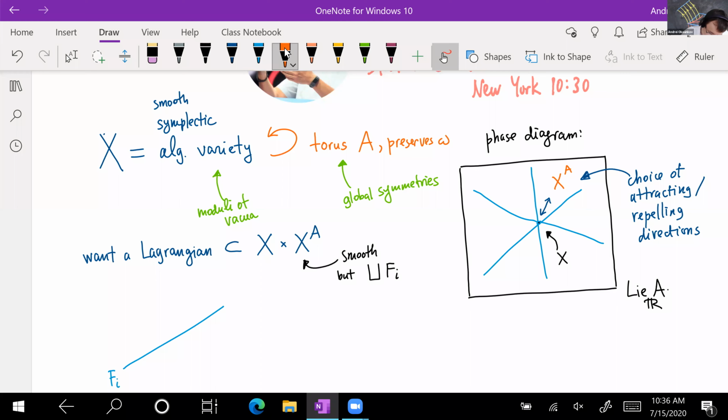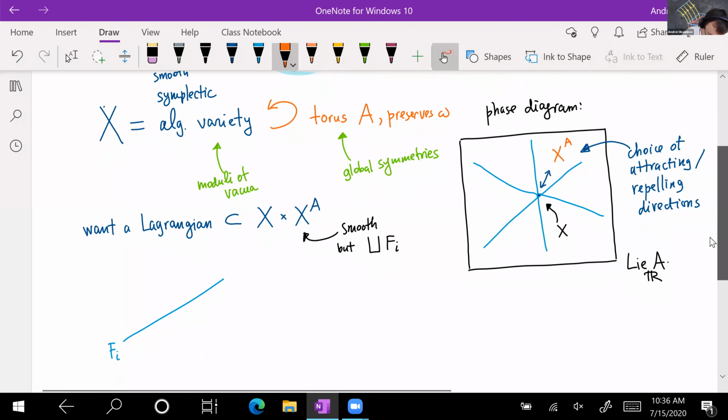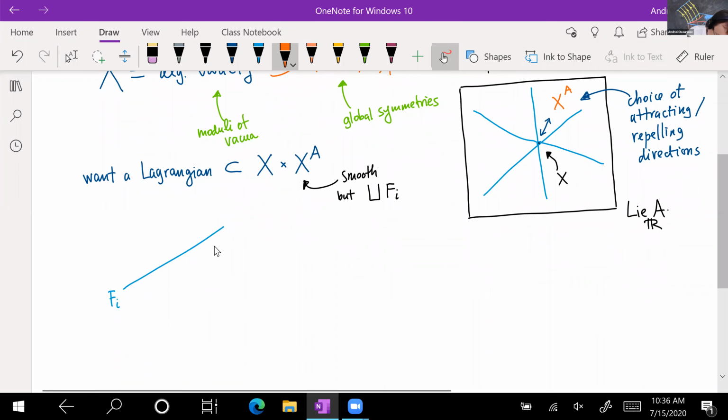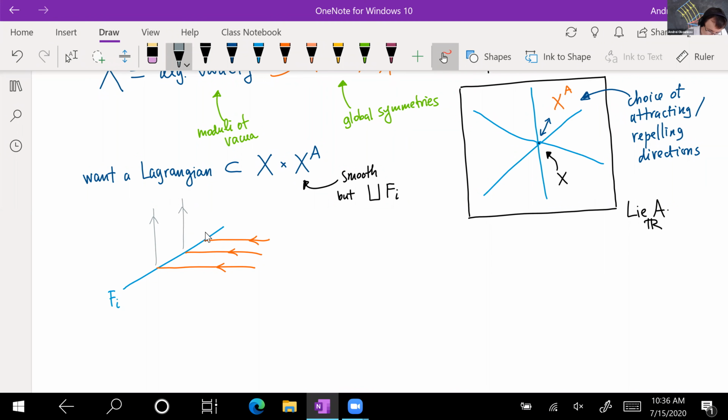And then what would this Lagrangian be? Well, that would be just the set of directions that are attracted to this F_i. There are some attracting directions and some repelling directions, and since my action is symplectic, the number of repelling is exactly matched to the number of attracting.